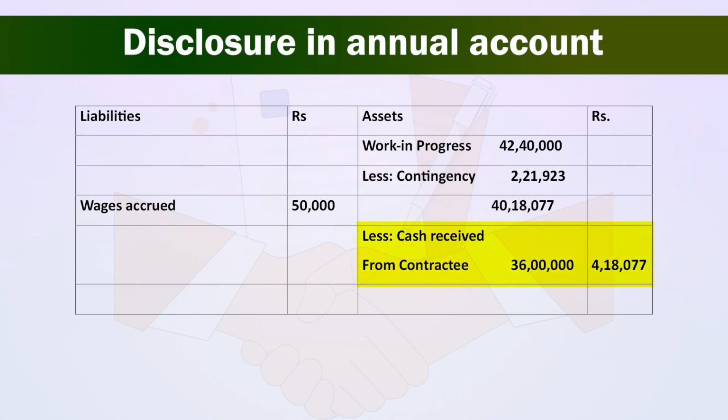From this, less cash received from contractee rupees 36 lakh and making total in outer column as rupees 4,18,077. And on liability side, we will write wages accrued, which are our outstanding wages, amount rupees 50,000.